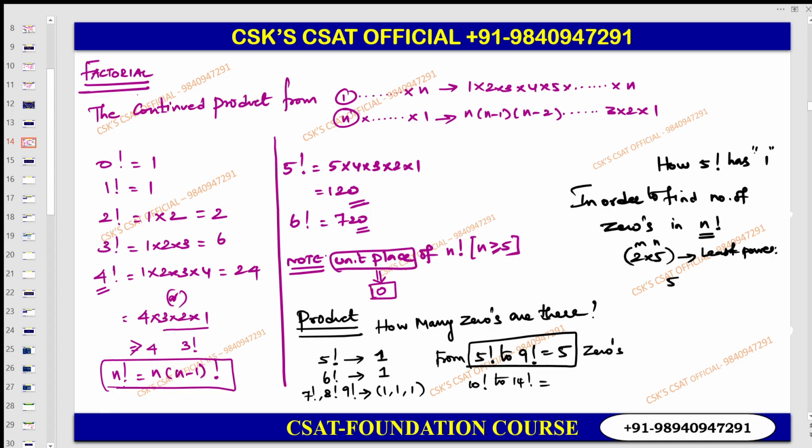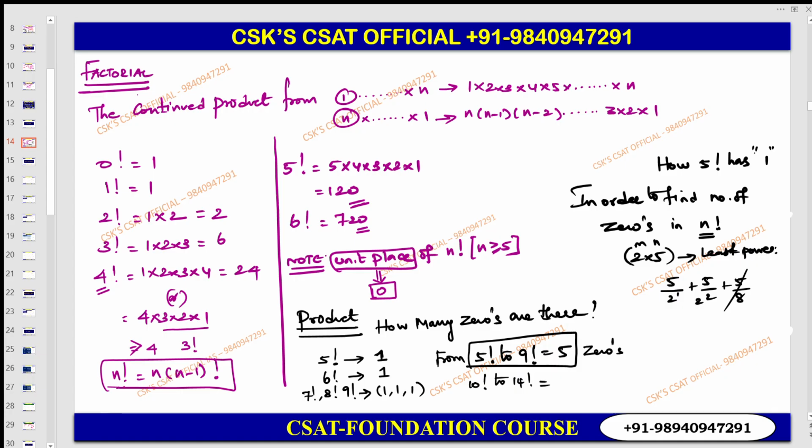So with respect to the 5, how many 2's are there? We'll check like that. 2 power 1, 2 power 2, 2 power 3 will not be there. 2 power 3 is nothing but 8. So when the numerator is less than the denominator, stop here. Take only the quotient here.